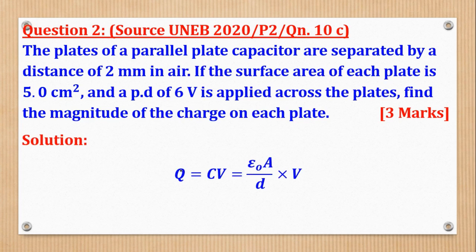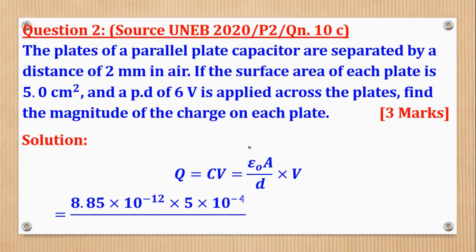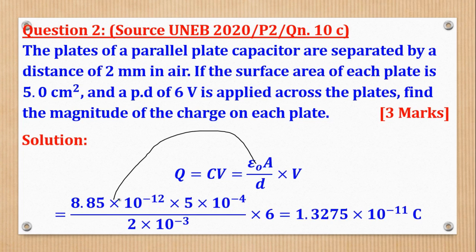What we shall do, we shall say that charge is equal to CV. I think you remember that. Then we shall remember that our C is equal to this formula which we have already derived. But there is also still this V, so put it here. Then from there I'll substitute. Substitute for this constant, it is always given.